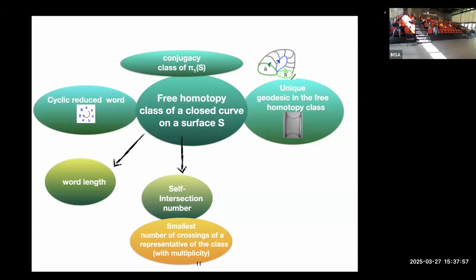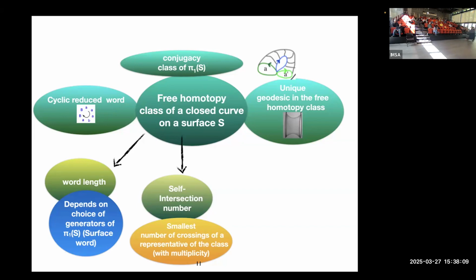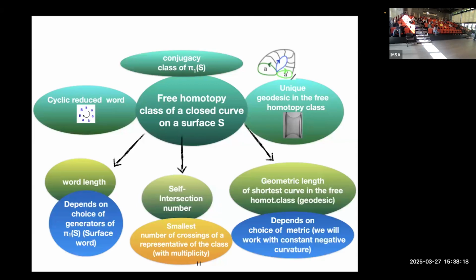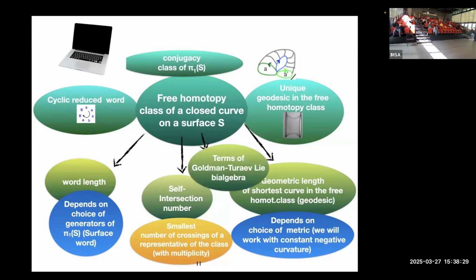Here I have to fix a generator of the fundamental group, which is equivalent to choosing these cuts. Then you have another integer, the number of letters that the word associated with the class has. There's a geometric length, and again, my metrics are always of constant negative curvature. So these are three numbers. I'm interested in relations, statistics, patterns with these three numbers. And for the small word thing, I use the computer a lot.